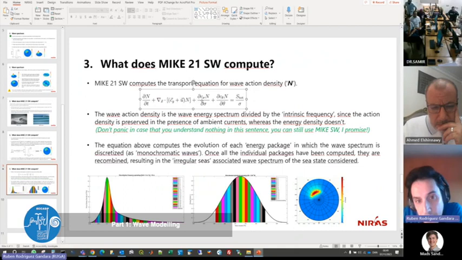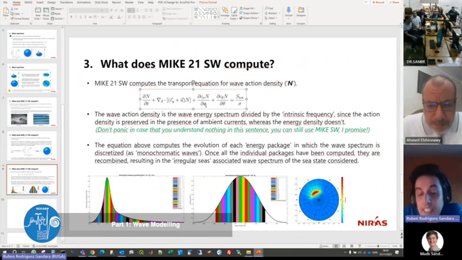This other term tells you how the energy is redistributed in that sea state, or in that little energy cell you've got, based on the frequency. This is in case there are currents at the same time that you're modeling waves, and it tells you how those currents are affected.